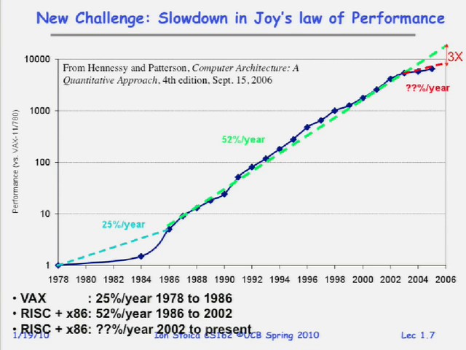The growth in performance under Joy's law was very similar to Moore's law. That is, the performance of a processor will increase exponentially in time, more precisely 50% per year.